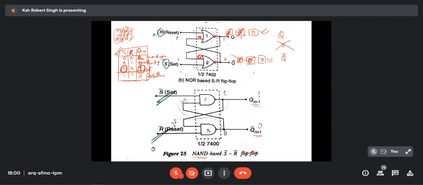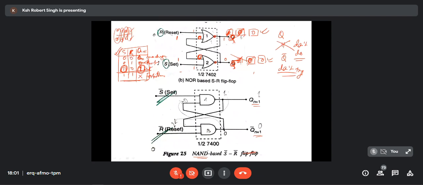How come? Don't try this. The concept that we want to develop is that one should be Q, another should be Q bar. This is the concept that we want to inject to you students or to the engineers.